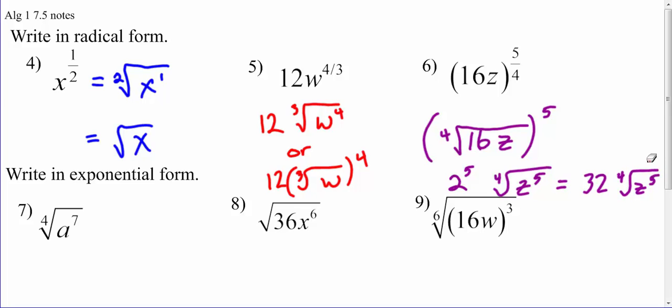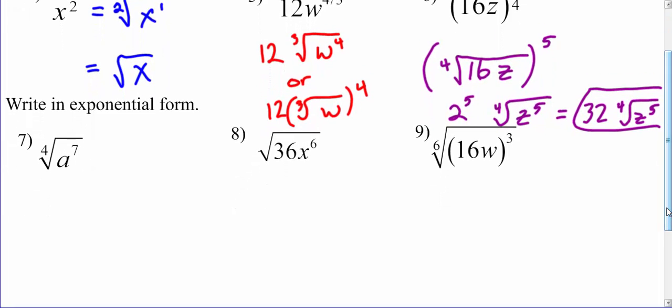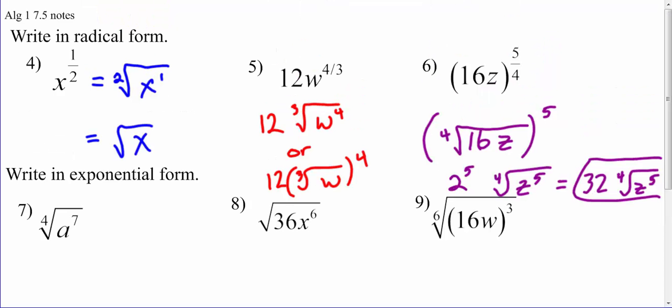And we can't do anything else with the z, so we would leave it like that, the 4th root of z to the 5th. And again, it doesn't matter if that exponent is inside or outside the radical, you would get the same result.